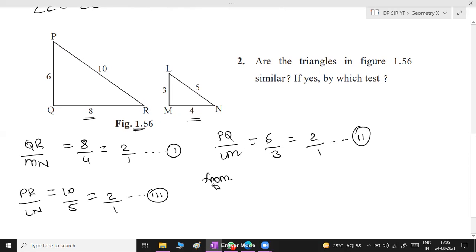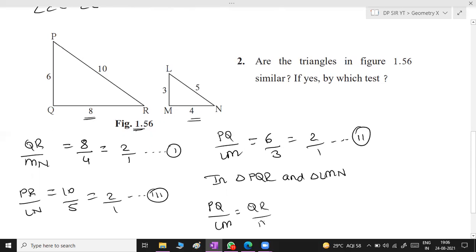So you can first of all mention the two triangles, that in triangle PQR and triangle LMN, PQ upon LM is equal to QR upon MN is equal to PR upon LN.